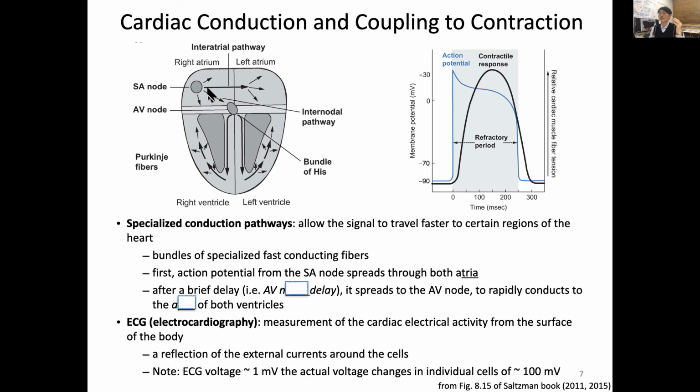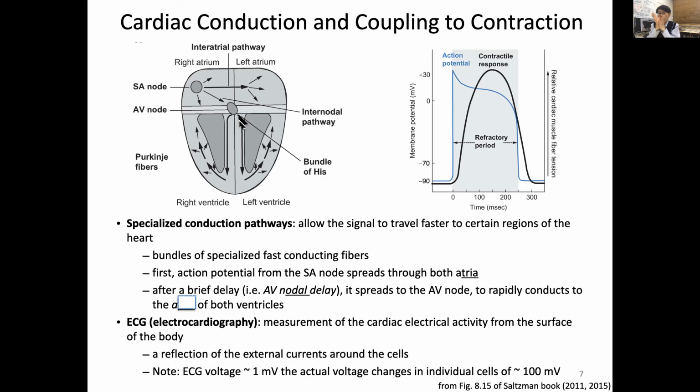You have to make sure of that, so that's why this arrow is becoming darker and thicker. And then you need to give some time until the signal gets to the AV node. That's designed: after a brief delay, which we call the AV nodal delay, the action potential spreads to the AV node. And then what happens? For the ventricle chamber to properly function as a pump, you can't pump from top to bottom, because the bottom is shaped like this.